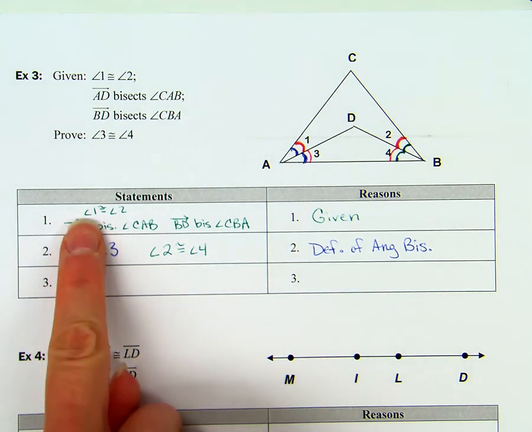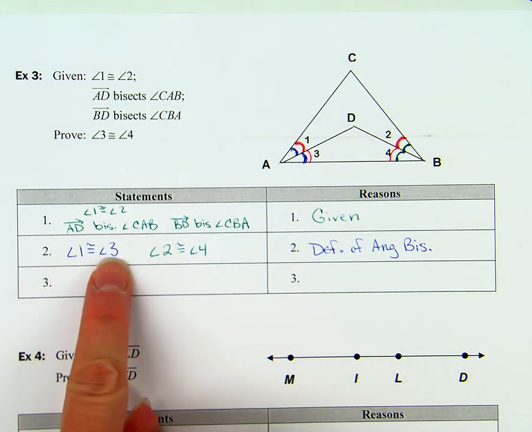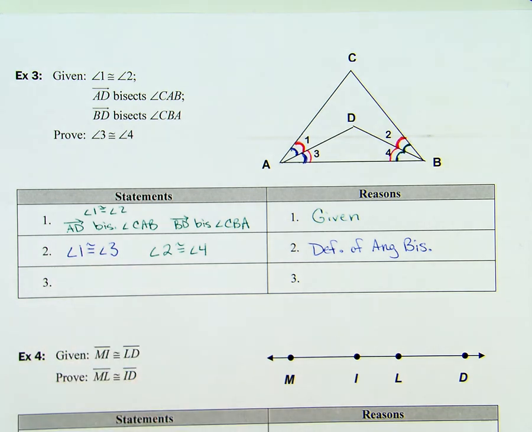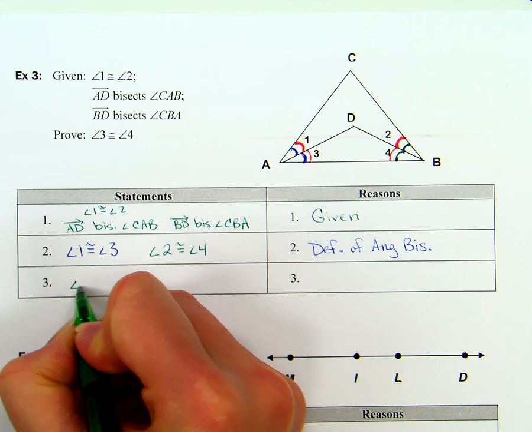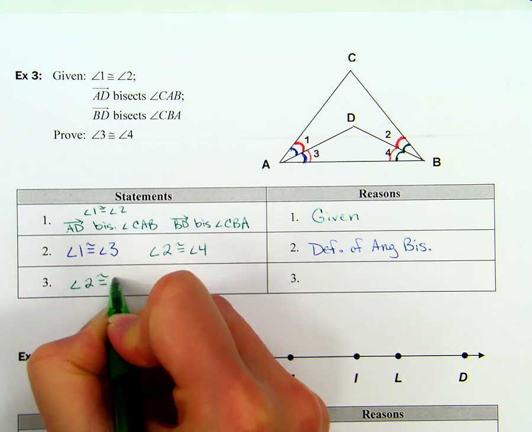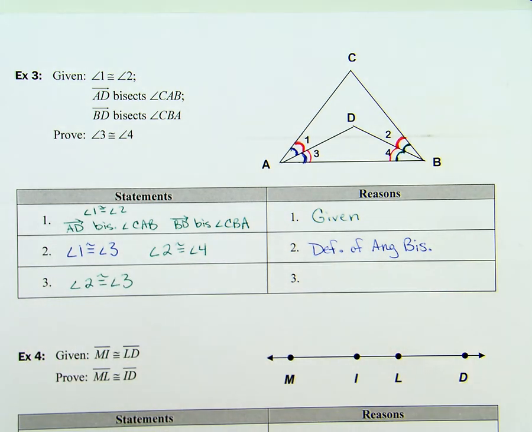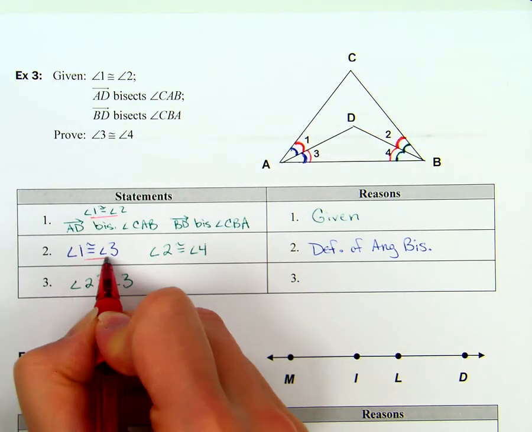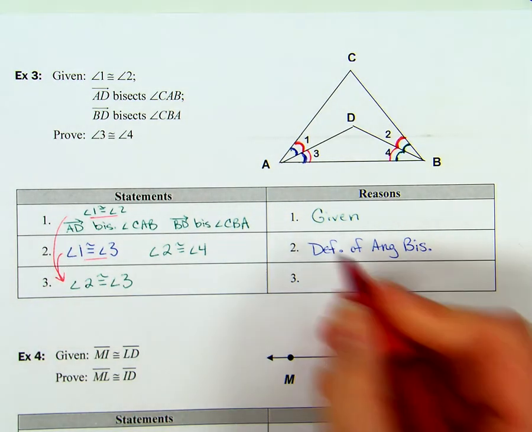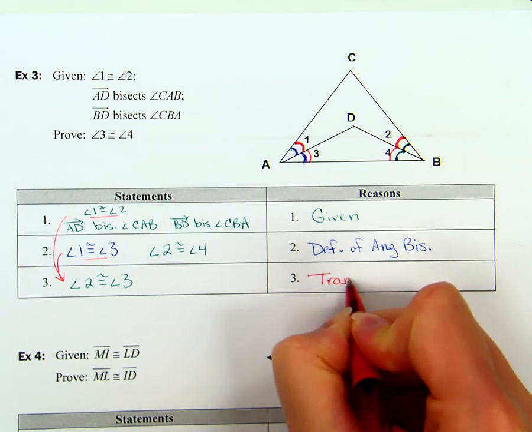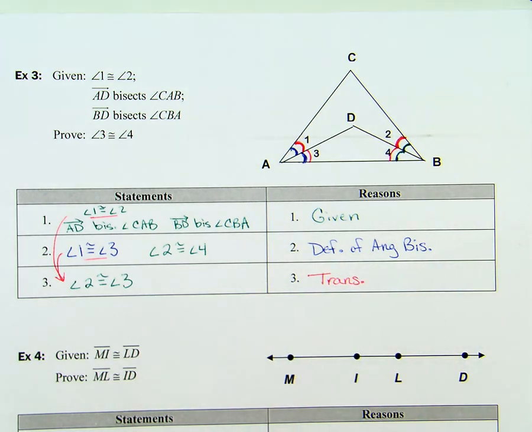Well, let's start combining things. If 1 and 2 are the same and 1 and 3 are the same, well, we should be able to conclude that 2 and 3 are the same. So these two statements come together here. That's the transitive property.